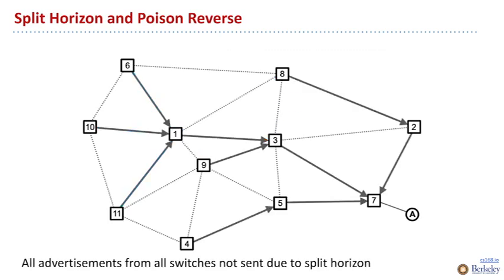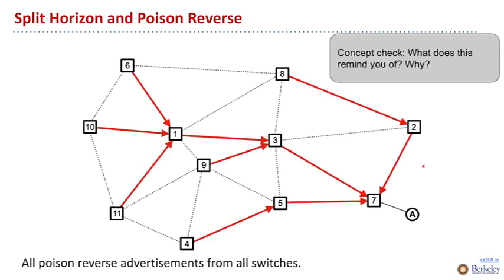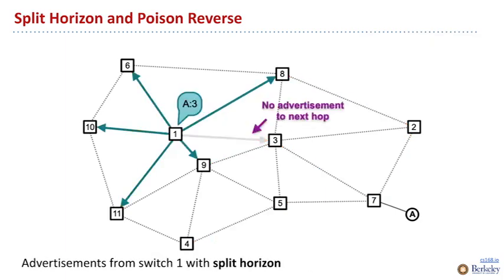If you step back and take a look, these are all the advertisements that are not sent due to split horizon. And for poison reverse, it's the same exact edges that aren't sent, but instead of not sending, we send the cost infinity. And I'll point out, this looks very similar to something. In fact, this looks identical to the best path tree that we had at the beginning.